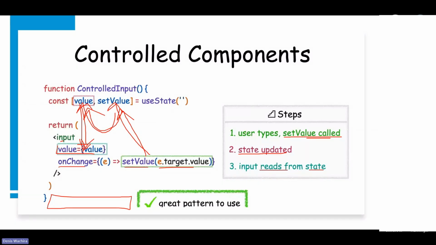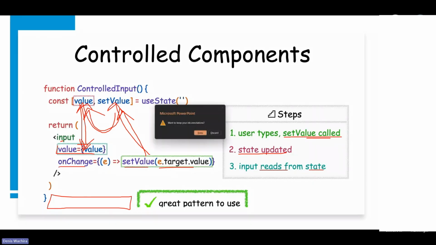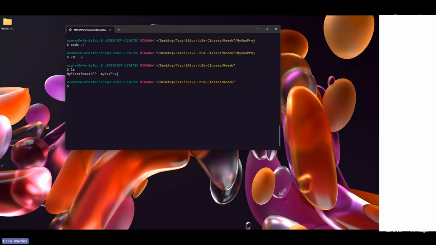So let's try and see how we can work along with this. The useState hook is very simple to understand. What I will do is create a new folder here, or I can just create a React project here.